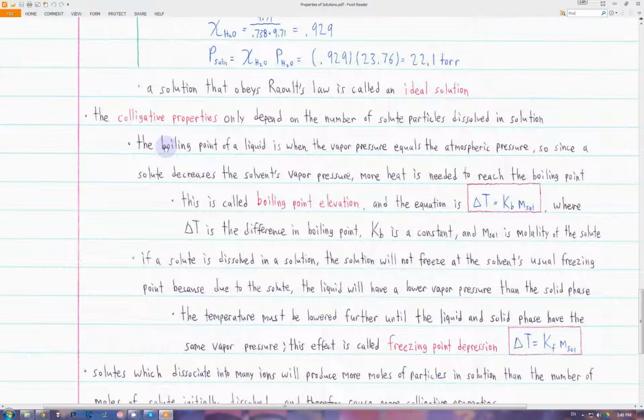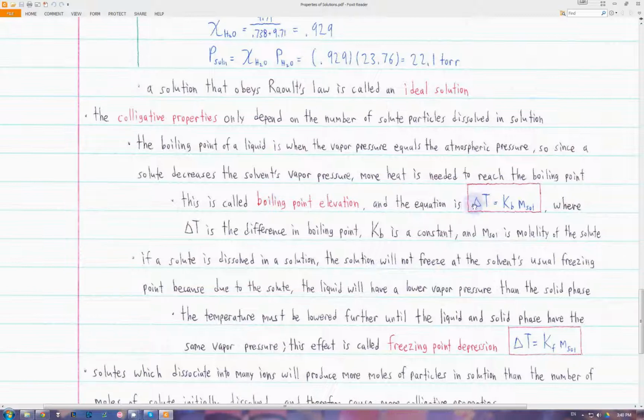So when we add a solute, the solution will have a lower vapor pressure, which means the temperature needs to be greater in order to get the vapor pressure equal to the atmospheric pressure, which is the boiling point. So the boiling point of a solution will be higher than the boiling point of the pure solvent.